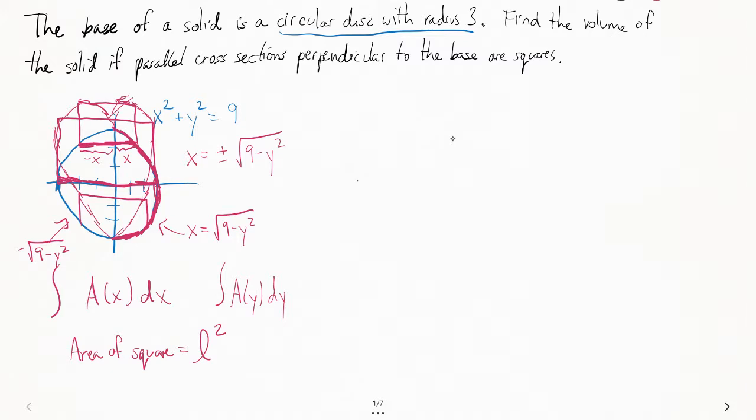Or you could just take that whole distance, so the length equals 2x. Now you might say, just plug that into our area of x dx, but technically we want to adjust for all those values, and so in terms of x squared plus y squared equals 9, that is the same thing as 2 times the square root of 9 minus y squared.